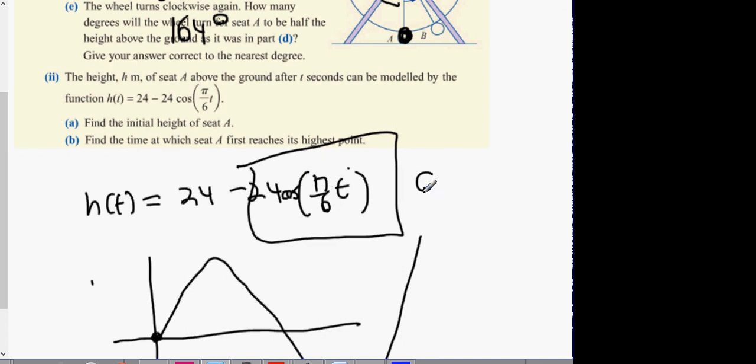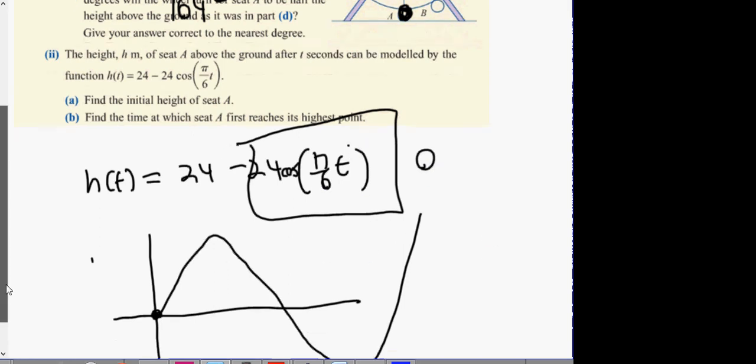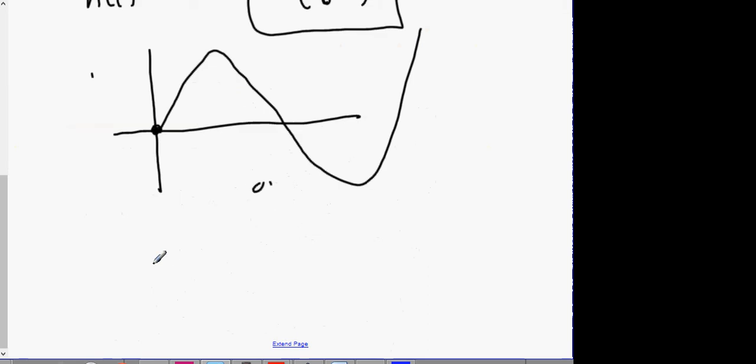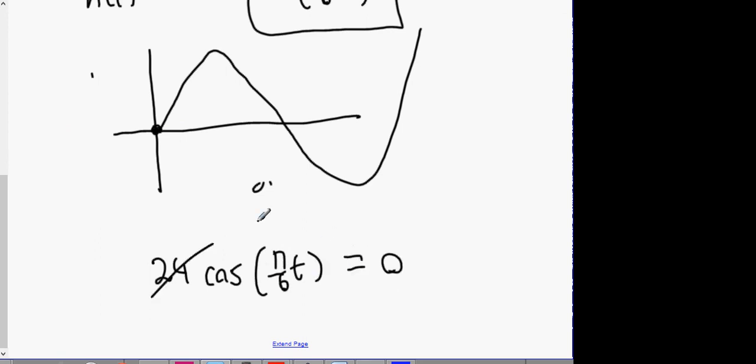So you'd like that to be 0. Do you understand? Because you're not reducing the height if that's 0. So what you can do is put 24 cos pi over 6t equals 0. The 24 cancels. What you're going to do next is cos inverse.